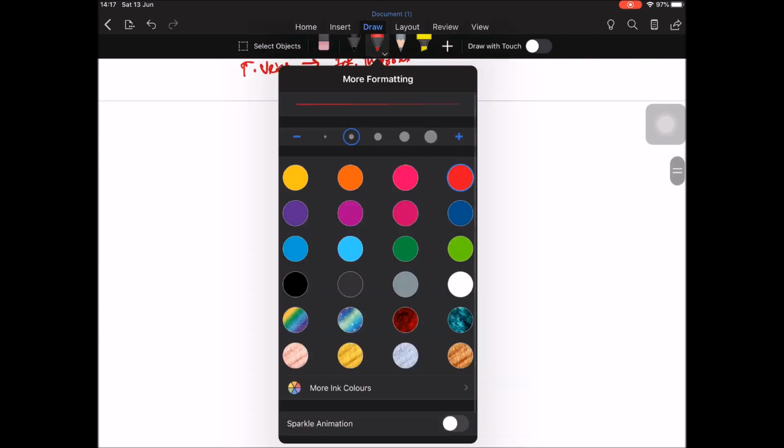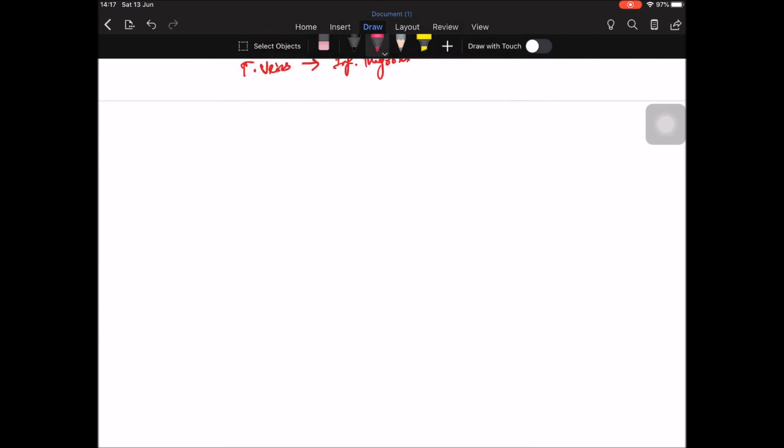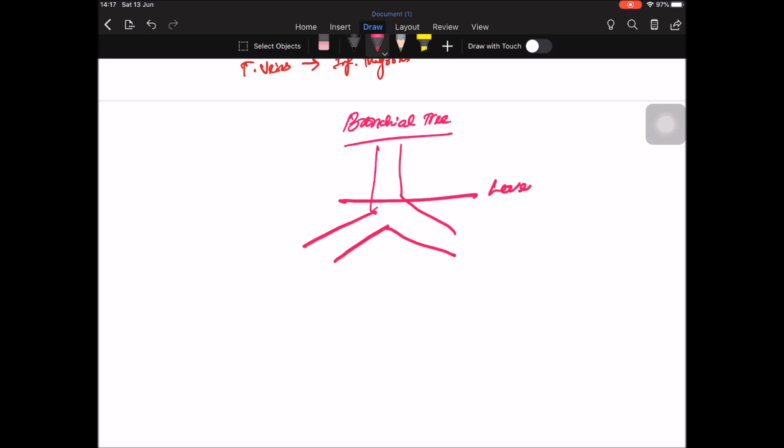Now next we'll see the bronchial tree. We saw the trachea, and it bifurcates at the level of the lower border of T4. This is the right side and this is the left side.